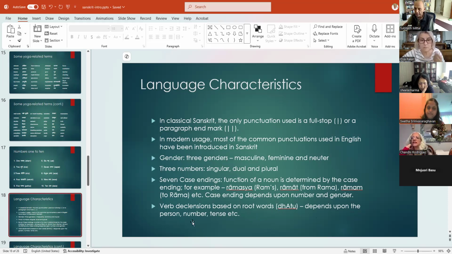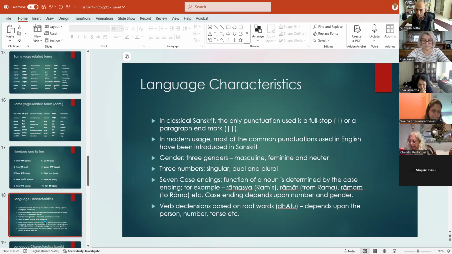And then of course the declension will vary based on the person, number, tense, etc. We're not going to go through all the grammatical structures here, but just a very quick note. When he says person here, it means either the first person, second person, or third person that we say in English, right? I'll talk about that a little bit later.